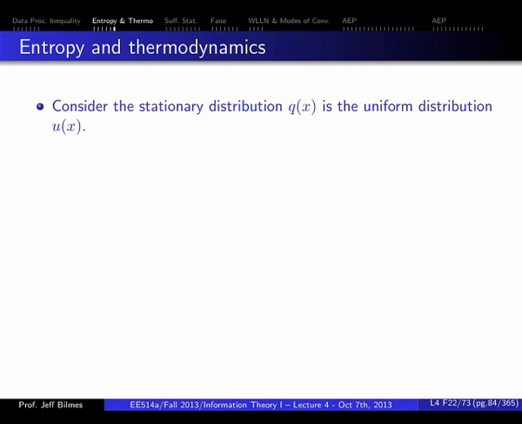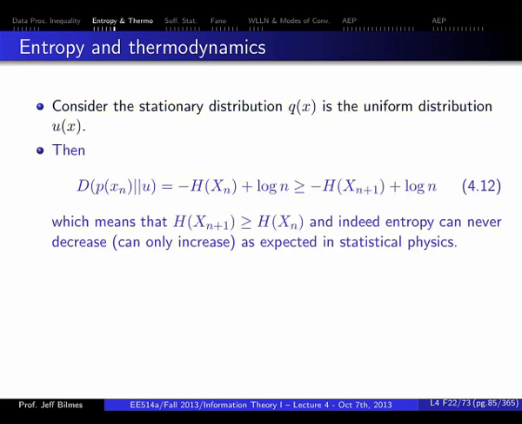Now suppose the stationary distribution was the uniform distribution. It's very easy to set up a Markov chain that has a unique stationary distribution that's uniform. In such a case, this Kullback-Leibler divergence can be written in the following way. It's the negative of the entropy plus log n, and that's going to be greater than or equal to the negative of the entropy at time n plus 1 plus log n.